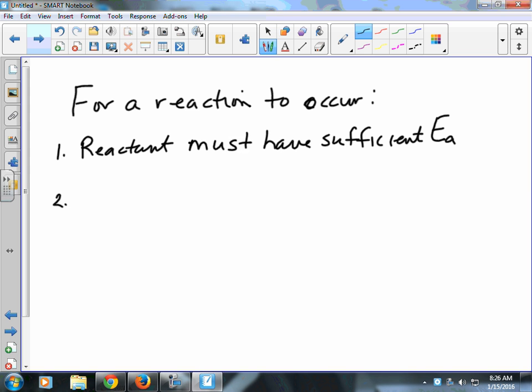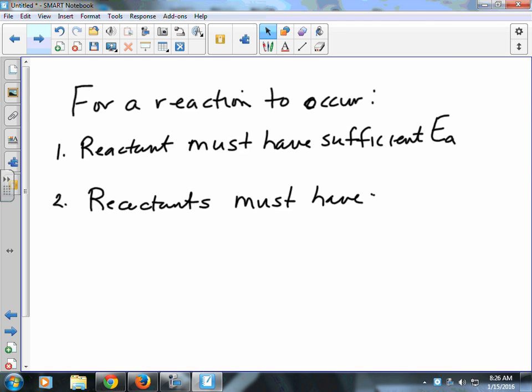Reactants must have effective collisions.